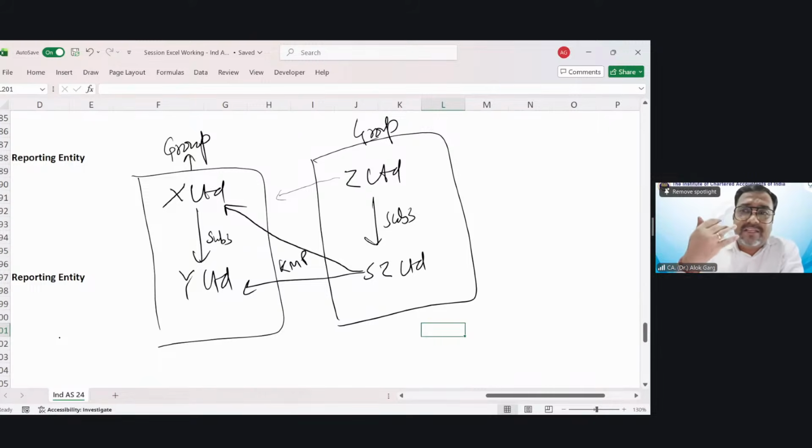Either an entity is providing KMP services, or an entity who is part of a group where another member is providing KMP services.